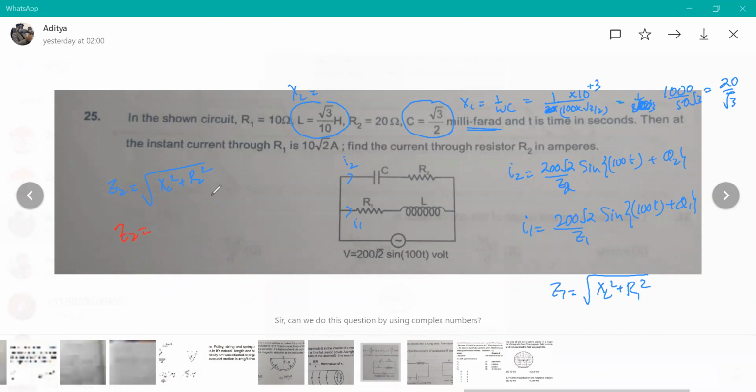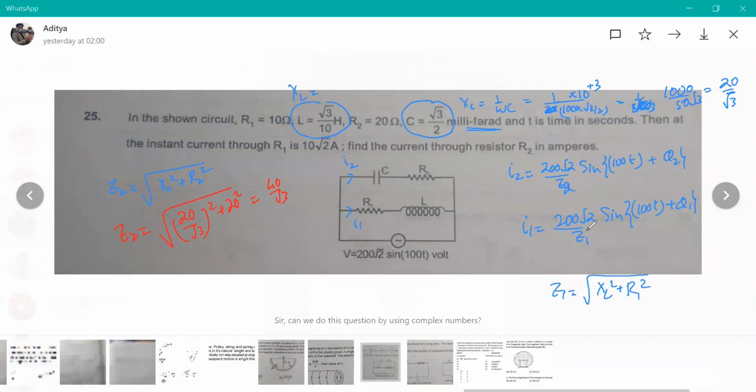This Z2 will become 20 by root 3 whole square plus 20 square, so 40 by root 3. Yeah, there's no need to incorporate complex numbers.